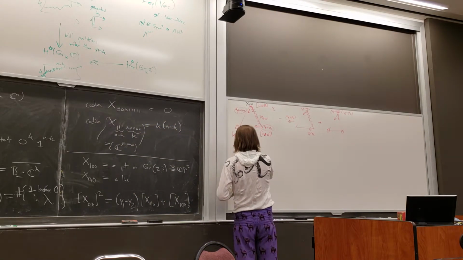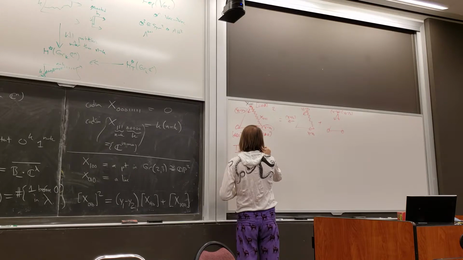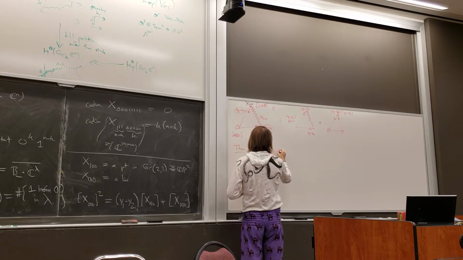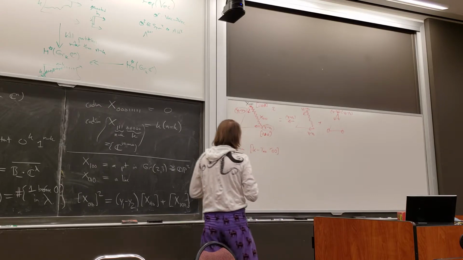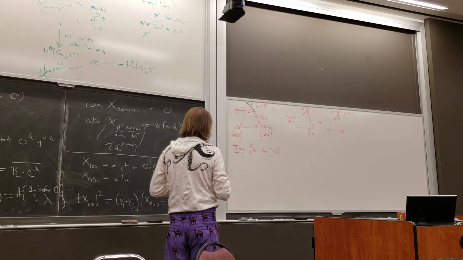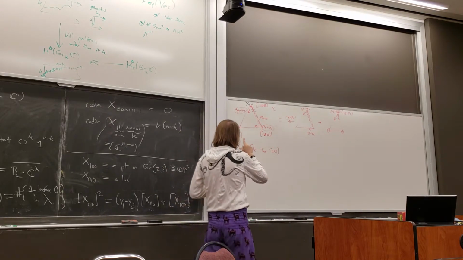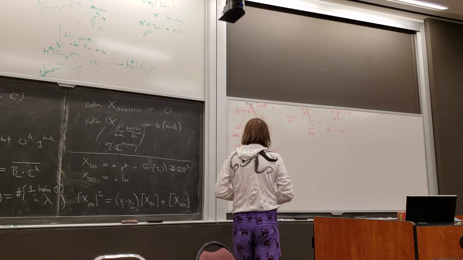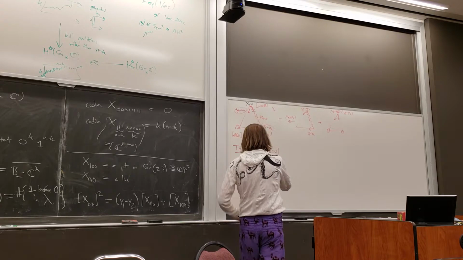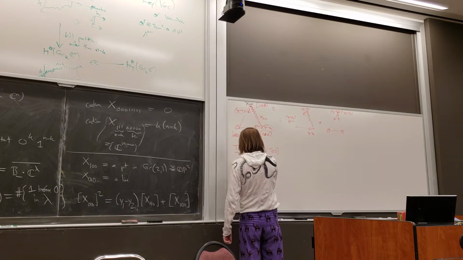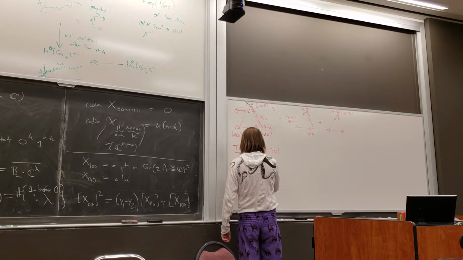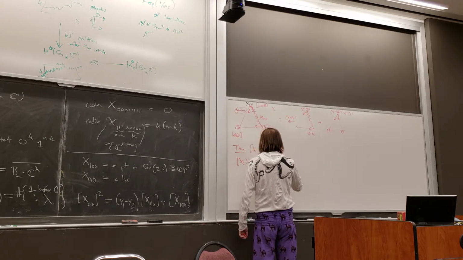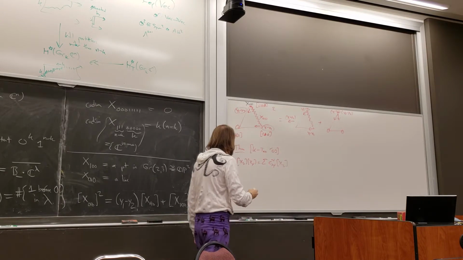This is due to me and Terry Tao, and it was published in '03. That's when you want to multiply x lambda by x mu and expand in the basis of x nus.